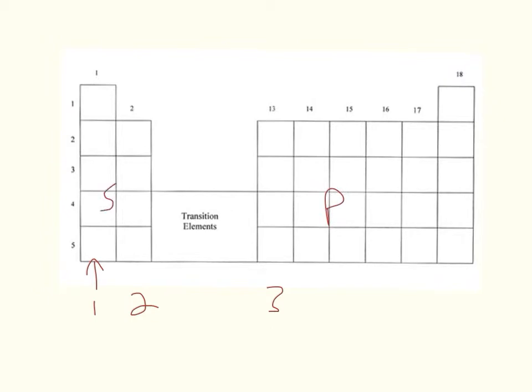This is S and this is P. So here, this is S2P1, so that's why it has 3 valence electrons. Then we've got 4, 5, 6, 7, 8, except for up here, which is 2, but that's a full set, isn't it? So knowing how many valence electrons is going to help you with the oxidation number.